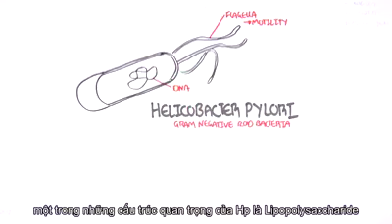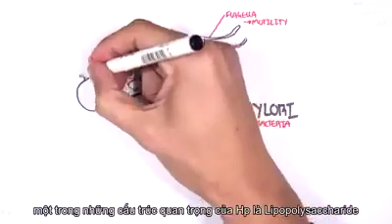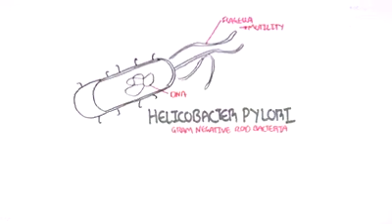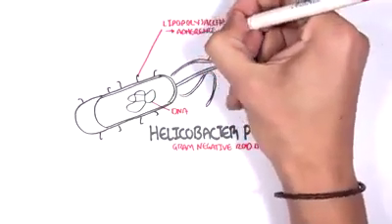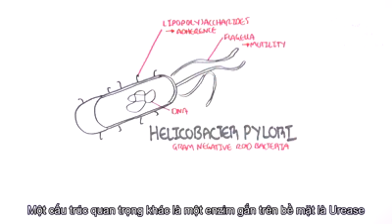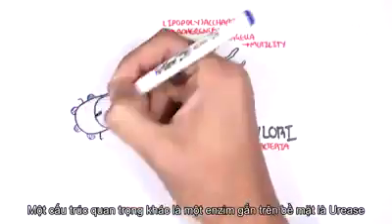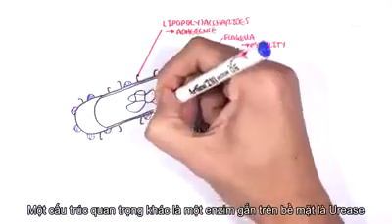Some important virulence factors that Helicobacter pylori possesses include lipopolysaccharides, which help in adhering to cells. Another important virulence factor H. pylori have is an enzyme on the surface known as urease.